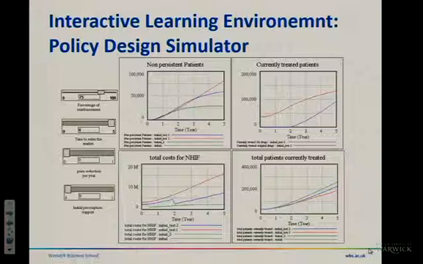What we did as well is that we transformed this model into an interactive learning environment where we give the model to the policy makers to design the policies by themselves, in order to understand what are the right combinations and what are the impacts. So how much reimbursement they should give, how much time to enter, and what are the different results for those different decisions.